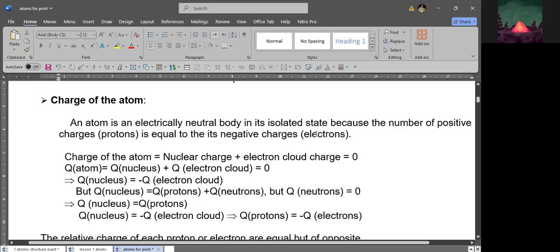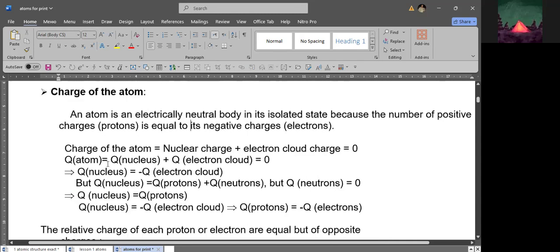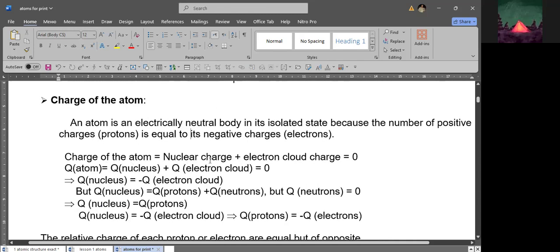Because the number of positive charges, which are the protons, is equal to the number of its negative charges, which are the electrons. So I can say: the charge of the atom equals the nuclear charge plus the electron cloud charge, which is equal to 0. Q represents the word charge. Charge of the atom equals the charge of the nucleus plus the charge of the electron cloud, which is 0.